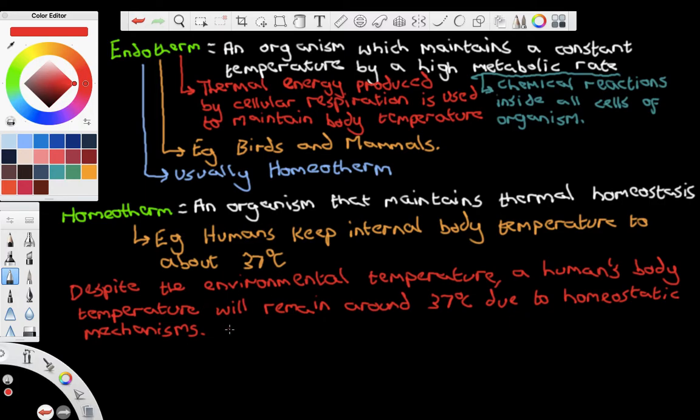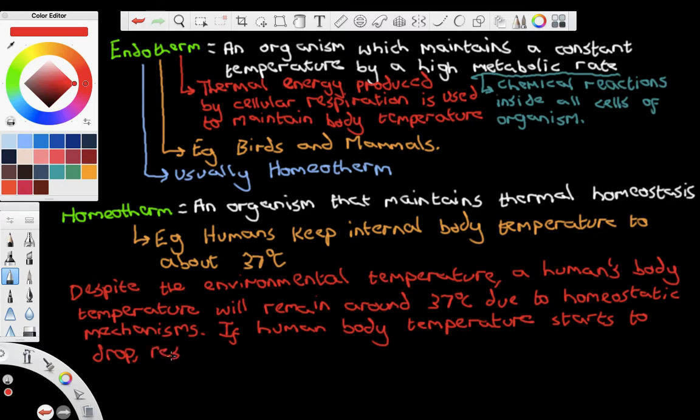We can also add that if human body temperature starts to drop, respiration in cells can be used to raise it. Full stop.